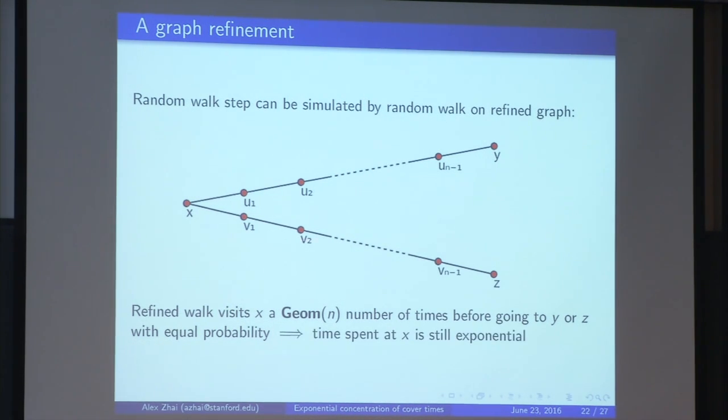So even on this refined graph, the time spent at x is still an exponential random variable before hitting y or z, but it's normalized differently. The expectation is n instead of 1, so you have to renormalize things. But the point is that the random walk on this refined graph is the same, and the local times are the same up to renormalization.